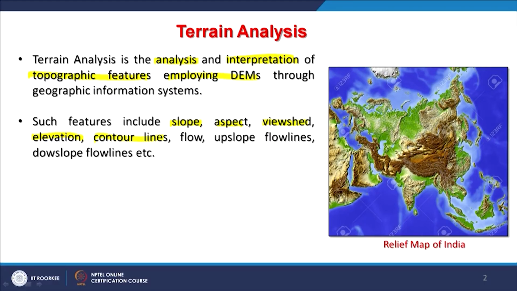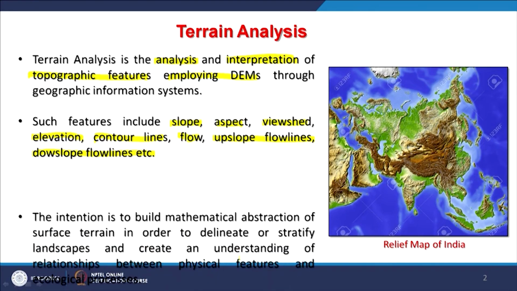Then contour lines, flow directions of, say, water or some pollutants, upslope flow lines and downslope flow lines, etc. There are various derivatives of digital elevation models, and most of those are part of terrain analysis. In modern days we employ digital elevation models on a GIS platform and perform this terrain analysis.